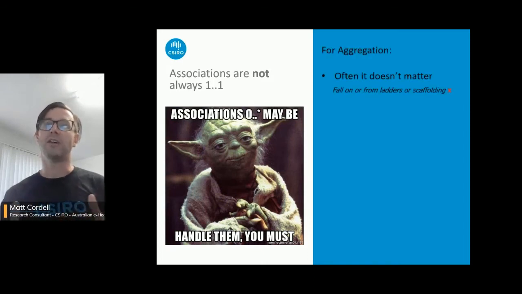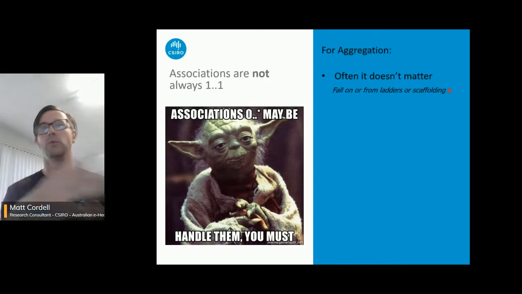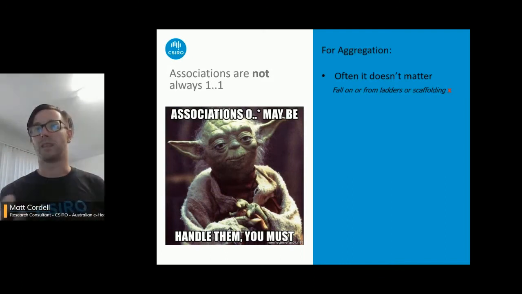So for aggregation, it often doesn't matter. In this scenario, we just want to group each of our encounters into one of the categories we've got. So as an example, with our fall concepts, we had some that were encoded with a fall on or from a ladder or scaffolding.